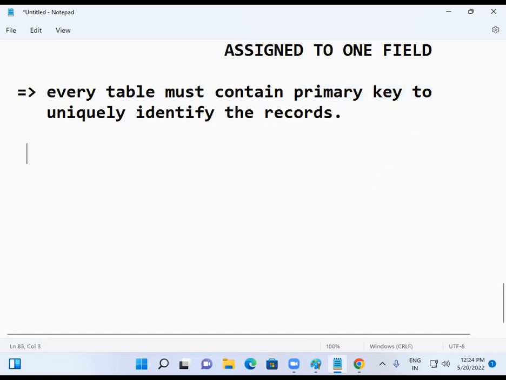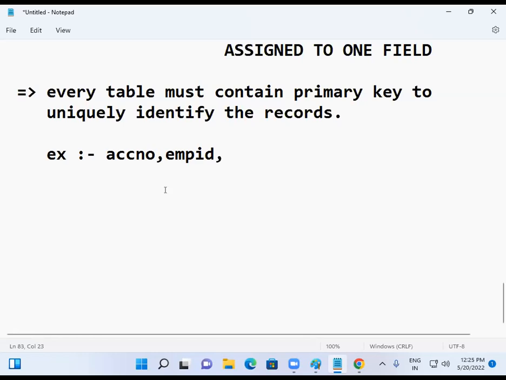So what are the examples for primary keys? Bank: account number. Next one, employee ID. Student roll number. Like how the Indian government uniquely identifies persons by using Aadhaar number.